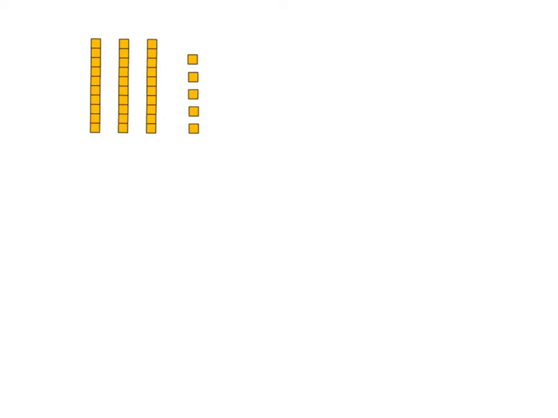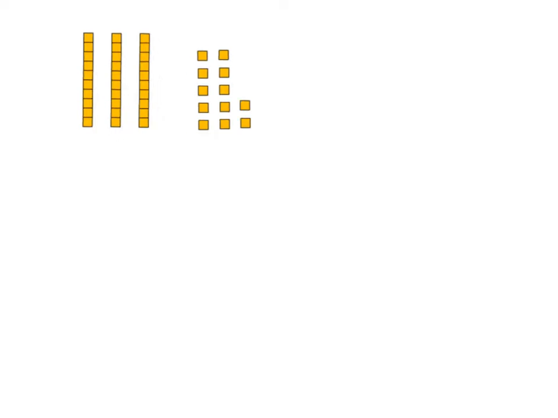Let's try another one. How many tens and ones are shown here? There are 3 tens, 1, 2, 3, 4, 5, 6, 7, 8, 9, 10, 11, 12 ones.